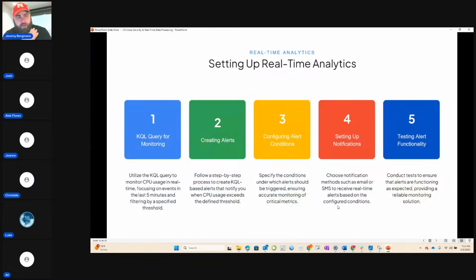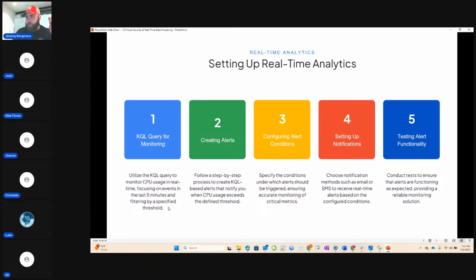So another way you could set all this up is this would be the real-time data, real-time analytics processing. So you do the KQL for query monitoring, and they have a little use case down here. So utilizing a KQL query to monitor CPU usage in real time and focusing on spike events in the last 5 minutes.